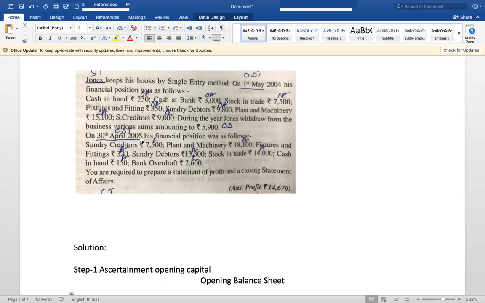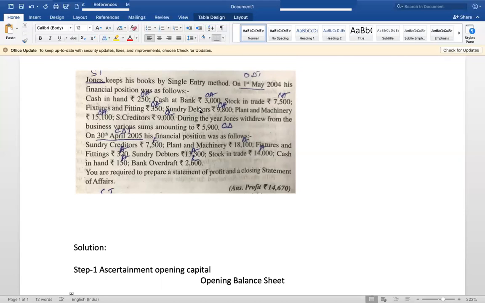And what are the details? Position of assets and liabilities on this opening day. You have cash in hand of 250, cash at bank of 3,000, and stock valuing 7,500.